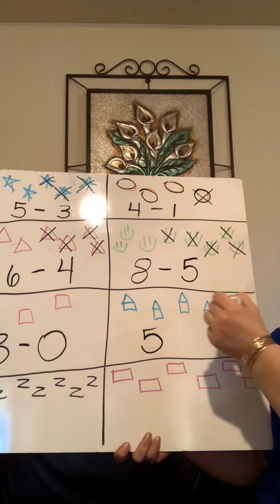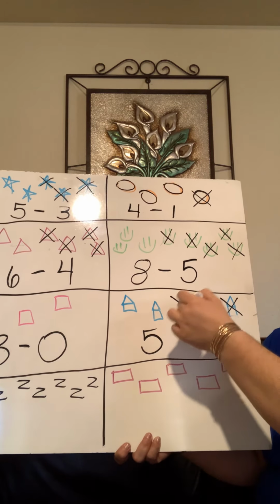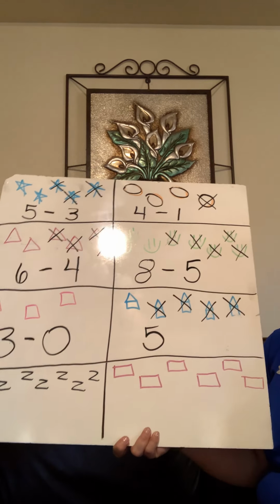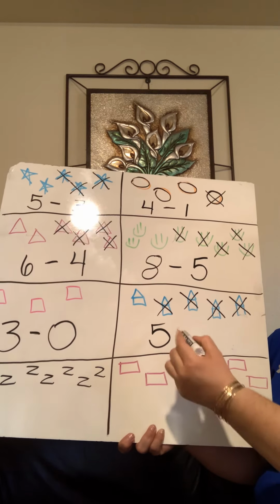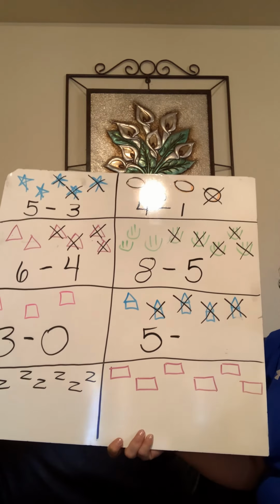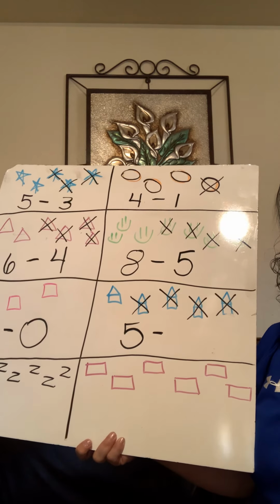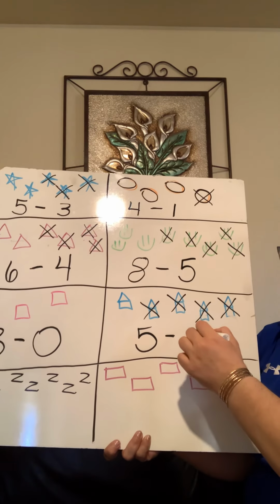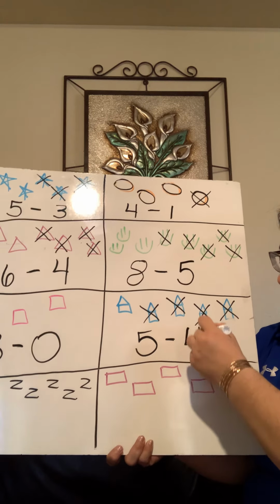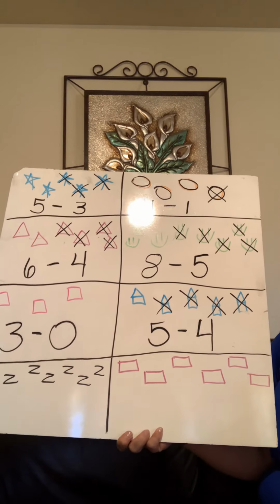So 1, 2, 3, 4. So 5 minus, how many of my houses broke? Yes, 4. So 5 minus 4.